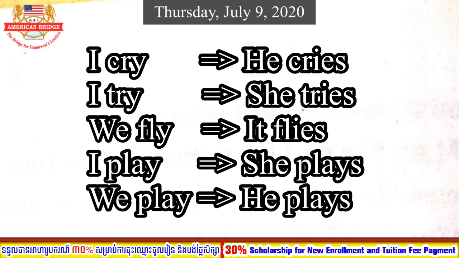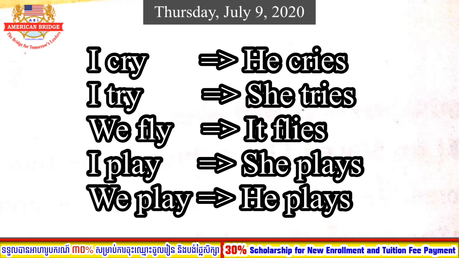But when the subject is third person singular, we have to change Y to IES. Example, he cries, she cries, it cries. So can you tell me another word that ends with consonant plus Y? Example, the word try, T-R-Y. So R is a consonant and then Y. So I try a lot. They try to study hard.